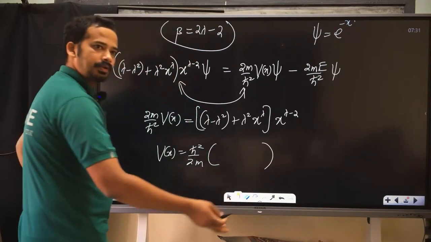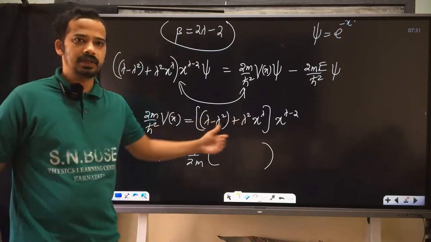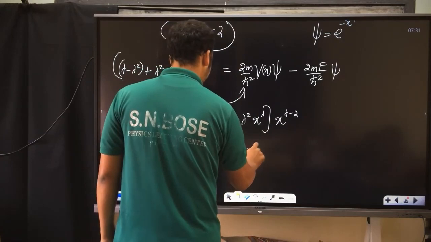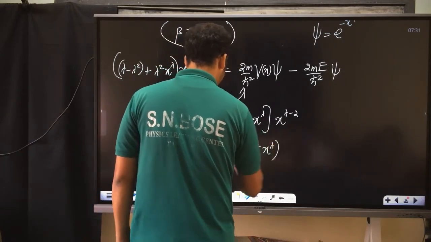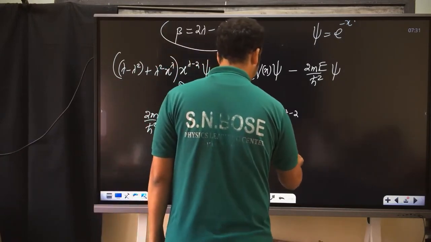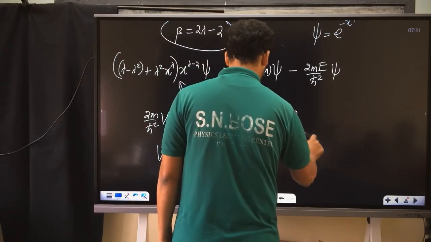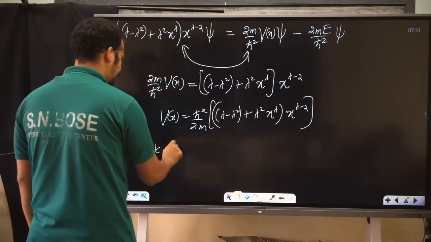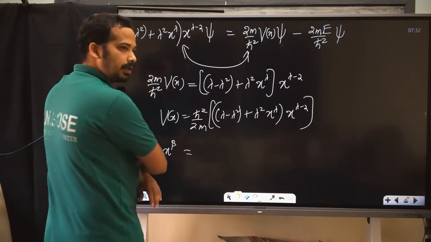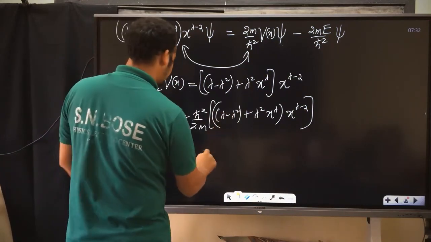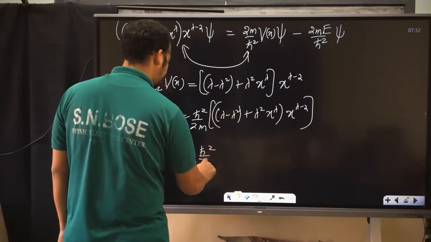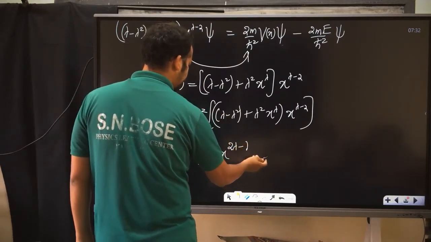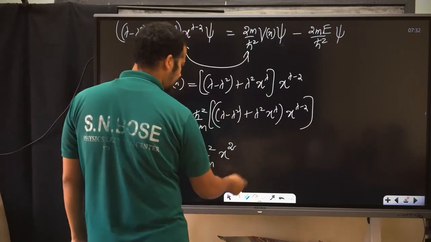Now you do that approximation. Again, this part is neglected. So kx power beta for large x value, this can be neglected. Then h bar square by 2m x power 2 lambda minus 2. This idea works.